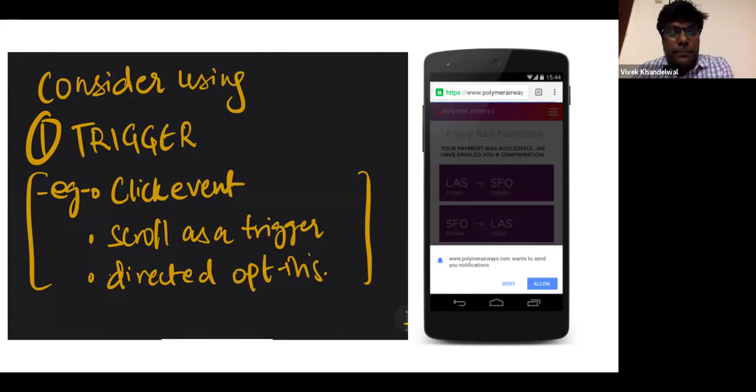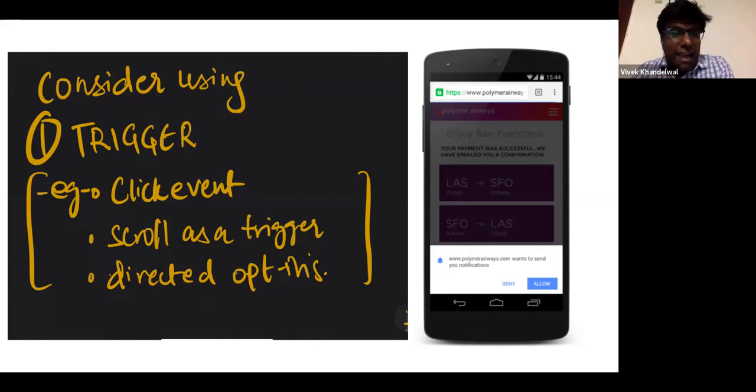For example, you can set up 50% page scroll as the point when you want to trigger the notification prompt. This is super relevant for e-commerce websites, and for content websites where users typically spend a significant amount of time on a specific page to read or to discover the offerings.